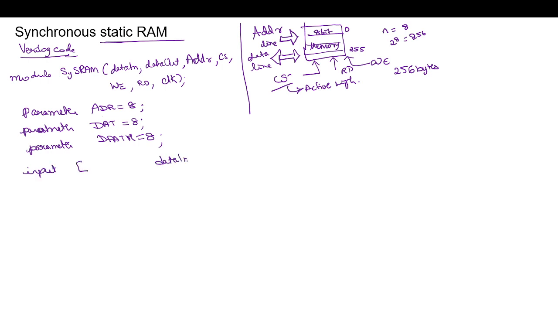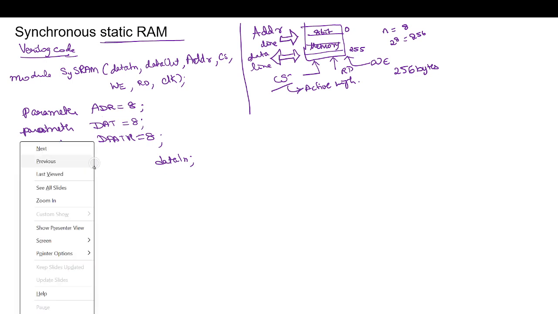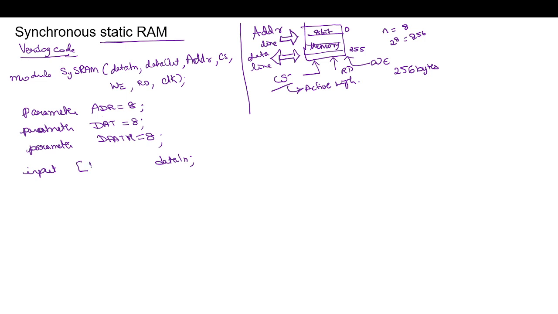My data in should be 8 bit, 7 down to 0. So DAT minus 1 down to 0. My output is a register type output variable, DAT minus 1 down to 0, that is data out. My address lines are also 8 bit.